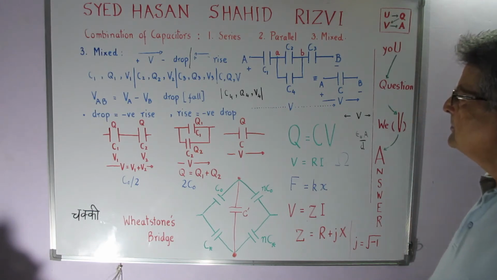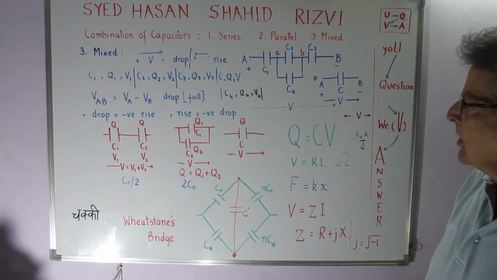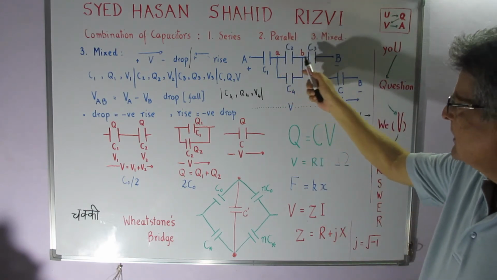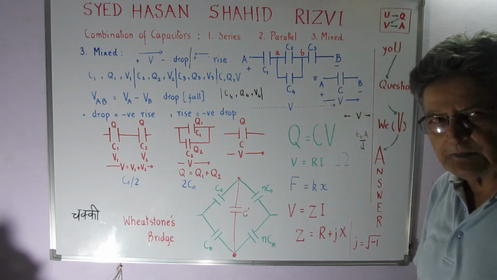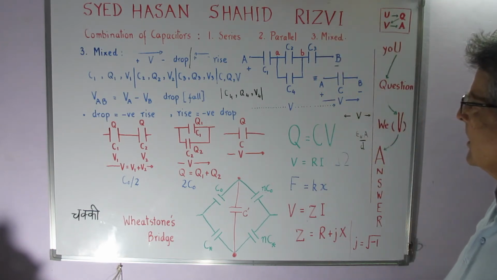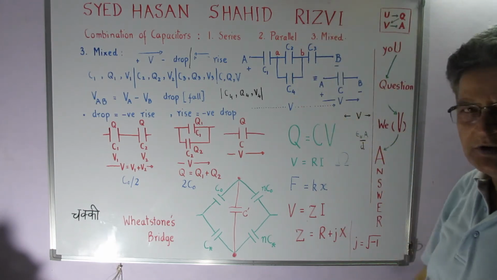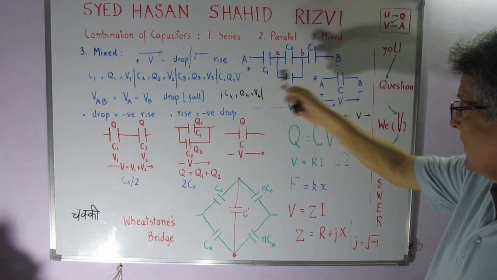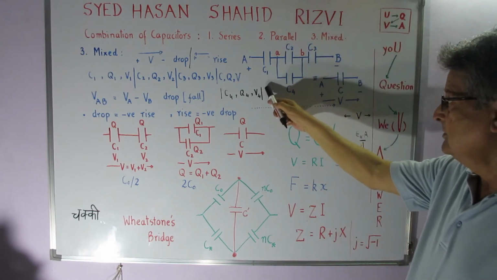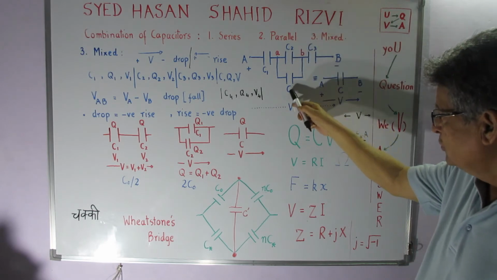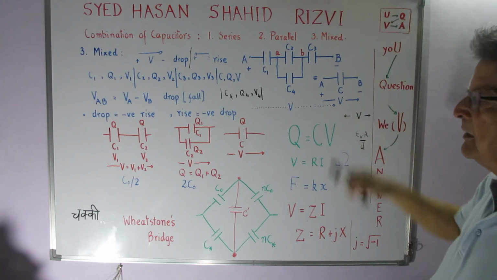Now we have three parts in series. One is this one, another is this, and the third one is this. They are all in series. Okay. So suppose I calculate the value C2 plus C4. So the net value for that C will become equal to how much? 1 upon C1 plus 1 upon (C2 plus C4) plus 1 upon C3.